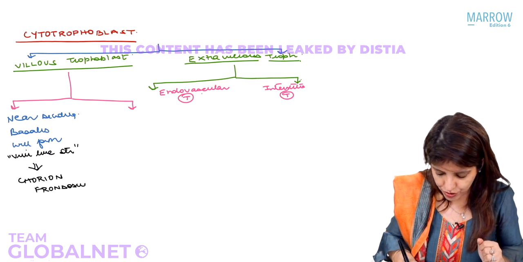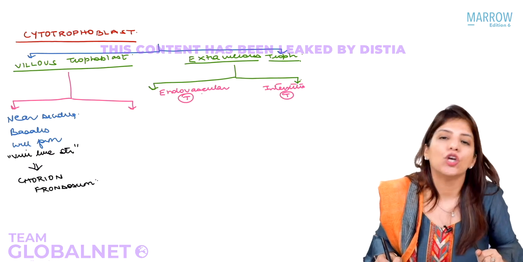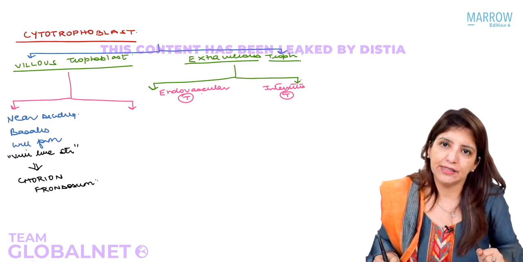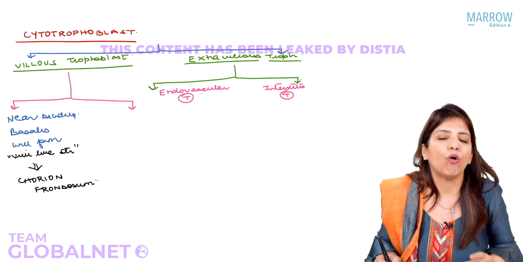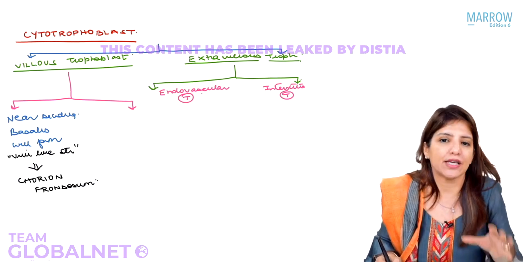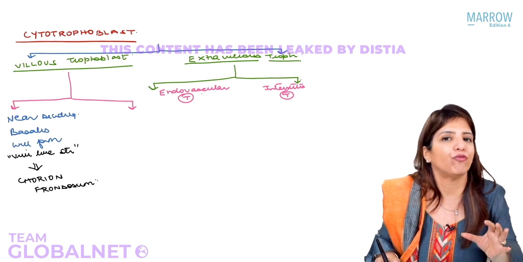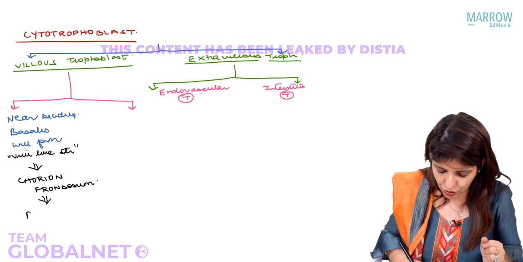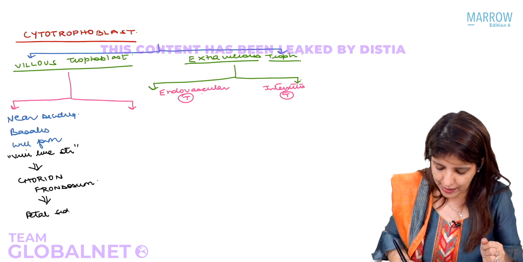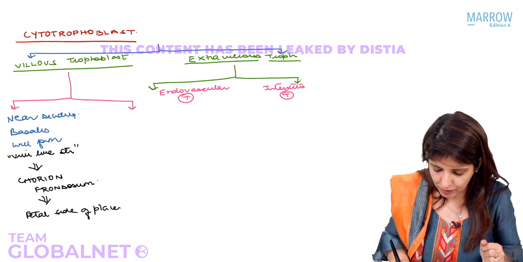I'll show you this on the images, right? So near decidua basalis, the villus cytotrophoblast will form villi-like structures and this area is called chorion frondosum. And it is this chorion frondosum which gives rise to the fetal side of the placenta.